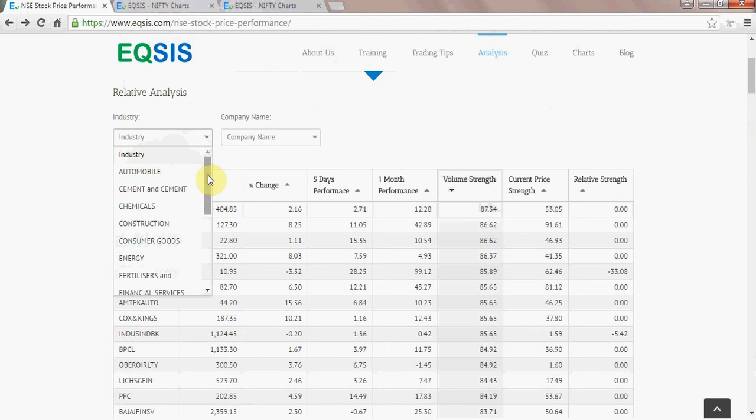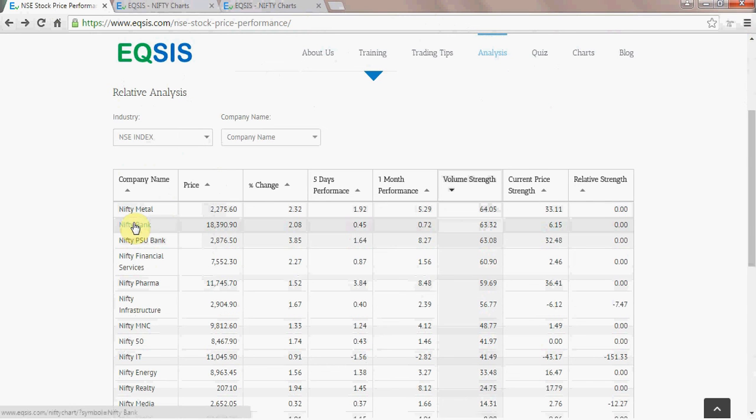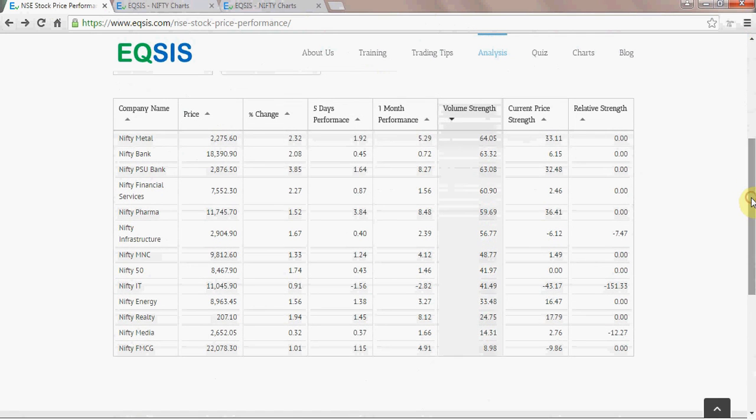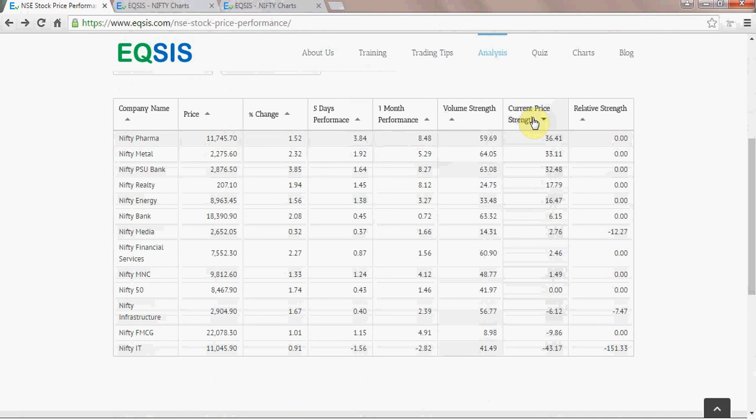Okay, you can actually choose stocks based on the sector also. Look at this, we have something called NSE index. Okay, if you choose NSE index, here you get a chance to filter out the strength, and then you get to know the recent days.